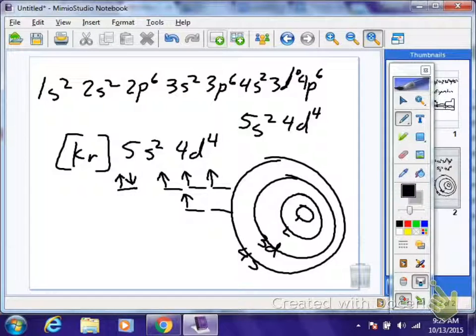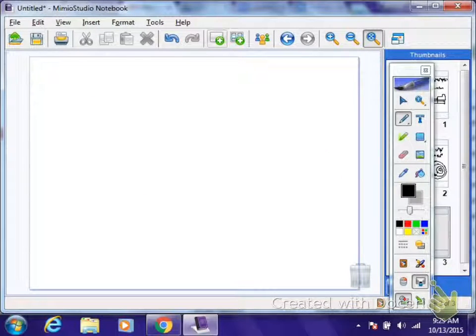The two that I'm going to pick, so I don't want to be repetitive on a quiz or lab, are cobalt, Co, and antimony, Sb. Cobalt and antimony.